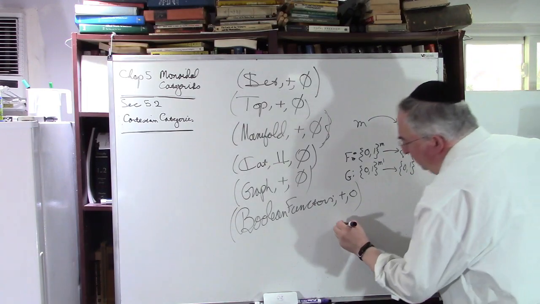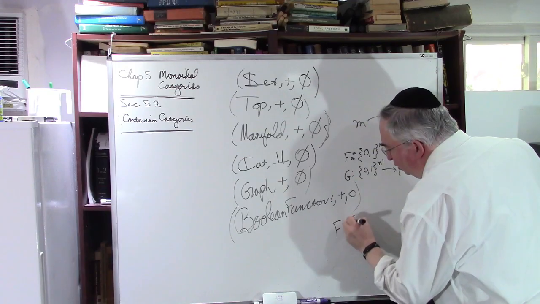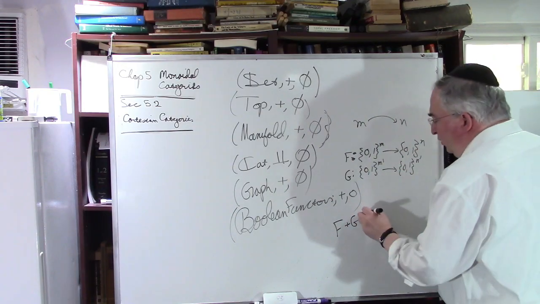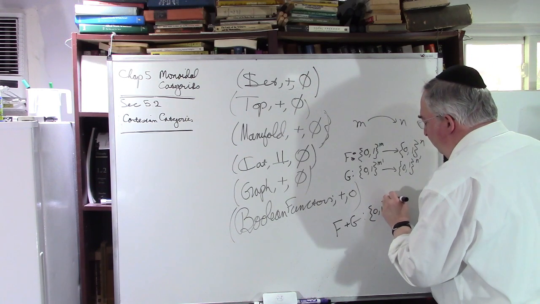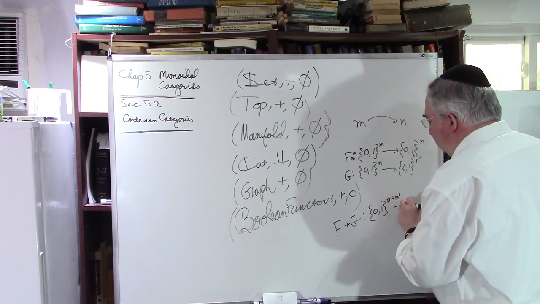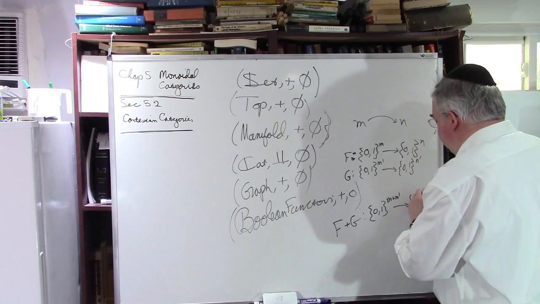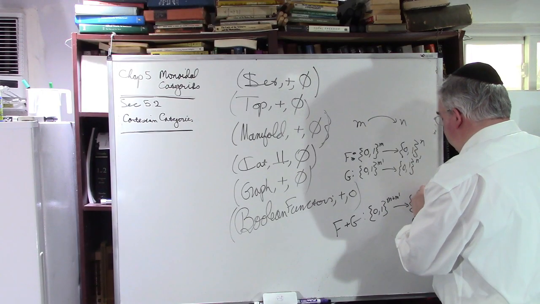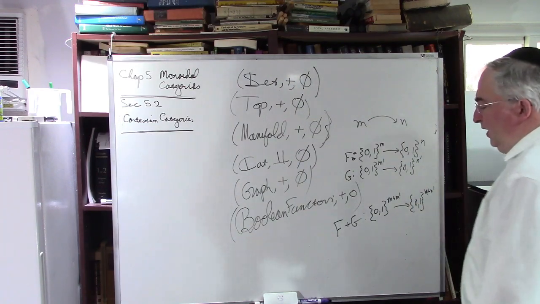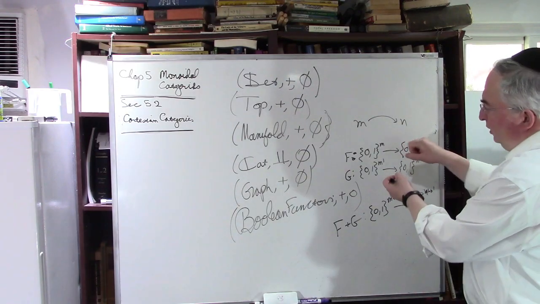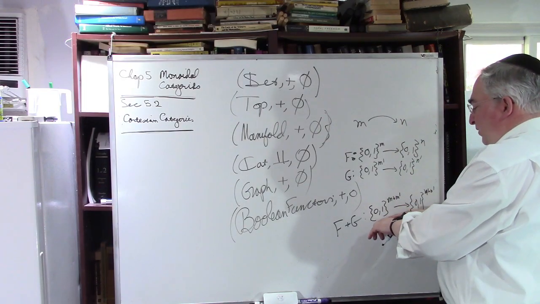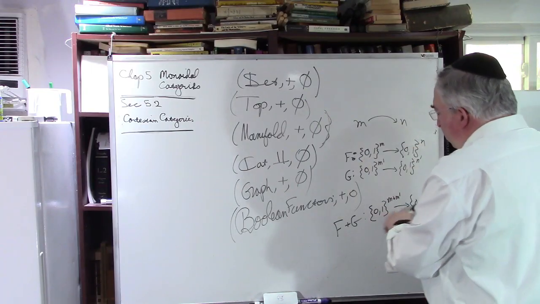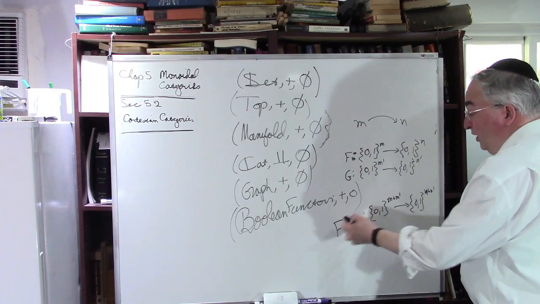You can take f plus g, and that goes from {0,1}^(m+m') to {0,1}^(n+n'). The way to think of this is, this is going to have inputs an m plus m' string. How does this new function work?